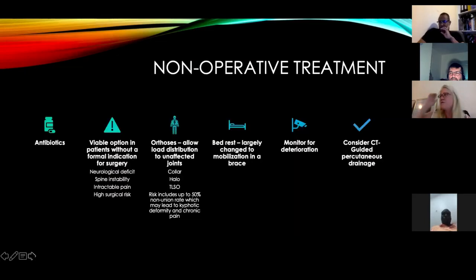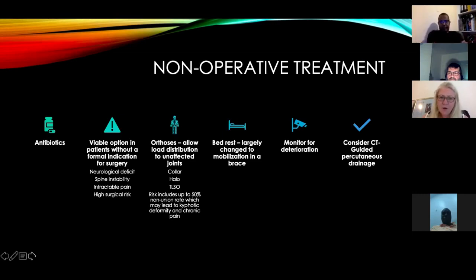So non-operative treatment, this depends on you having a stable patient. So antibiotics, which we've talked about. If you have a patient that doesn't need urgent surgery, it's reasonable to do at least a trial of antibiotics after you've got your biopsy, but you need to keep re-evaluating them.